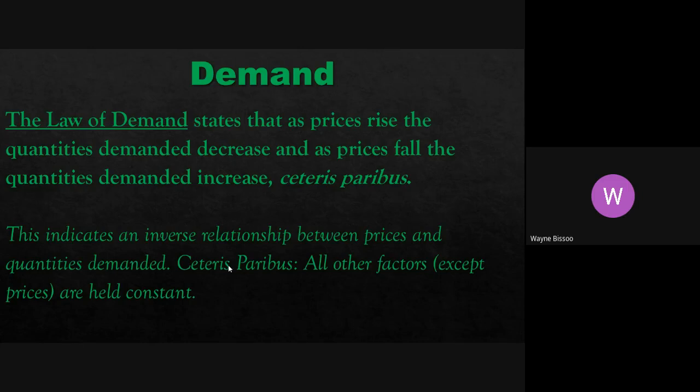Any questions on that? That's fairly straightforward. When we draw the relationship, it's going to be an inverse relationship. So when prices rise, the quantities demanded fall, and that is where we have an inverse relationship. So the type of graph that we're going to draw is going to be downward sloping from left to right. All right, which we'll see in a little bit.